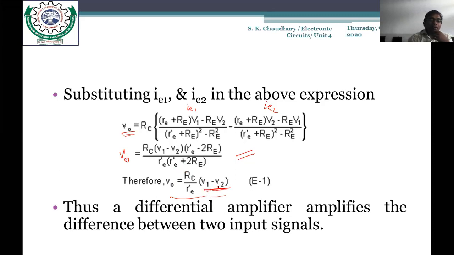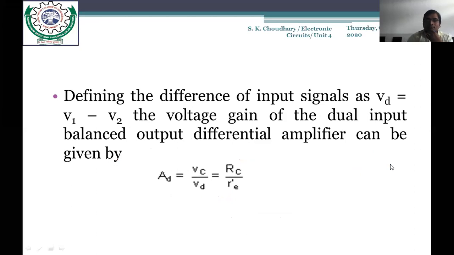This is the main function of the differential amplifier. That's why it is called the differential amplifier, because it would only amplify the difference of two input signals. So V naught is equal to (V1 minus V2) into RC upon RE dash. So RC upon RE dash is what? It is, you can say, the differential gain. That is mentioned here. RC upon RE dash is nothing but your differential gain.